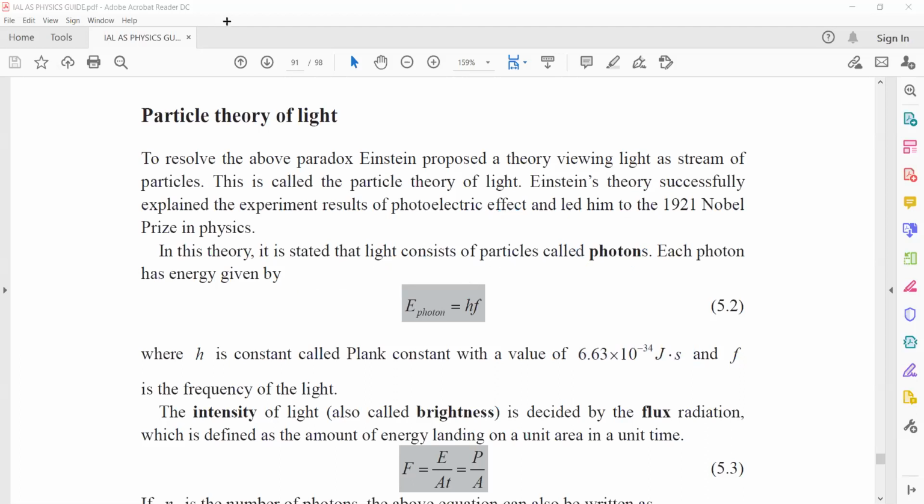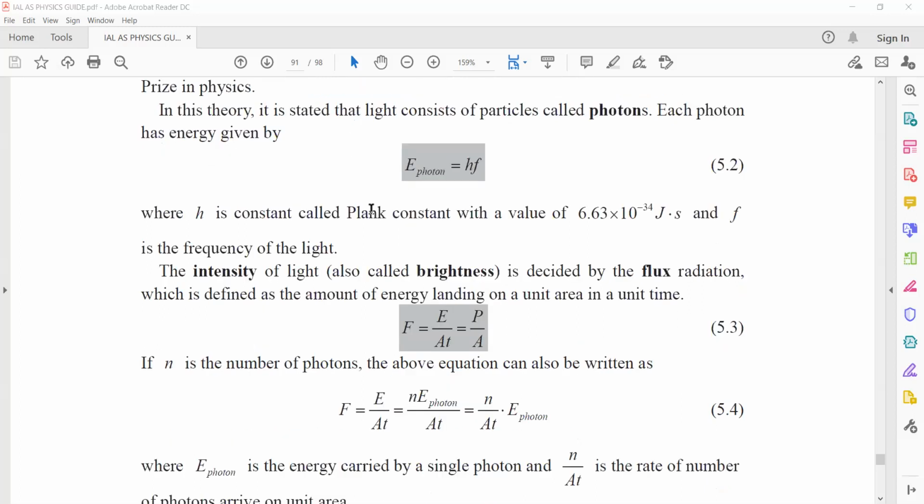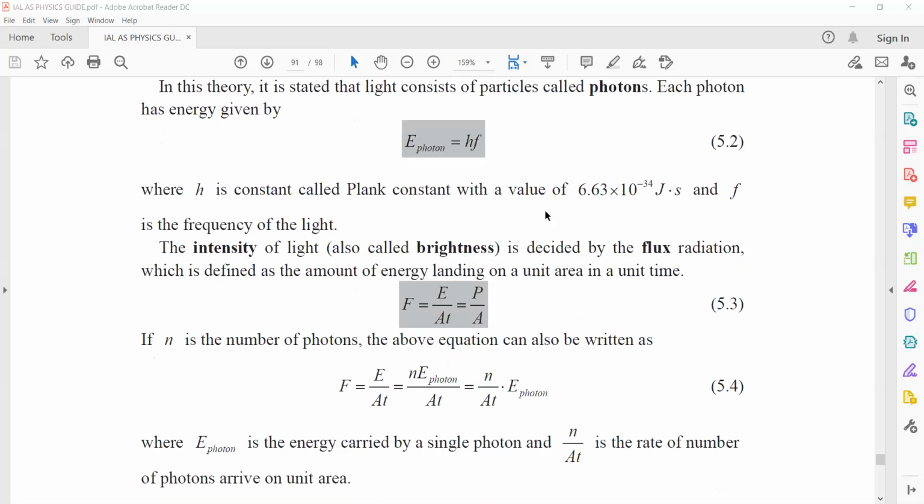If we want to find the brightness or intensity of the light: the intensity or brightness of light is how much radiation or how much energy is coming on unit area in 1 second.